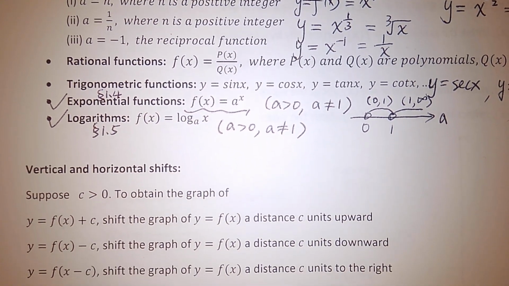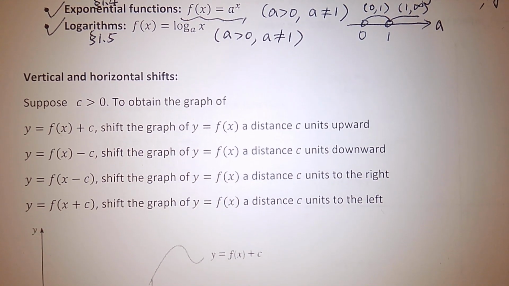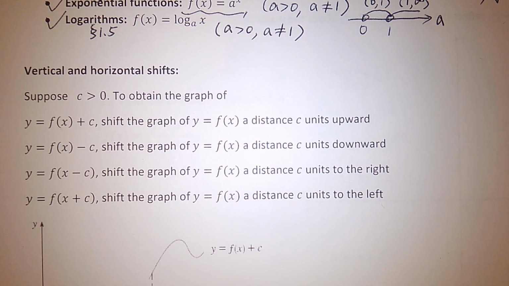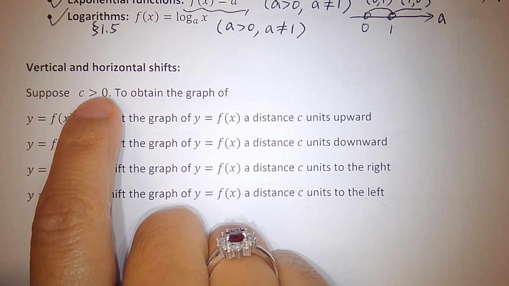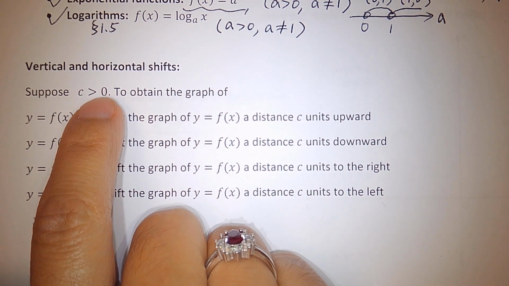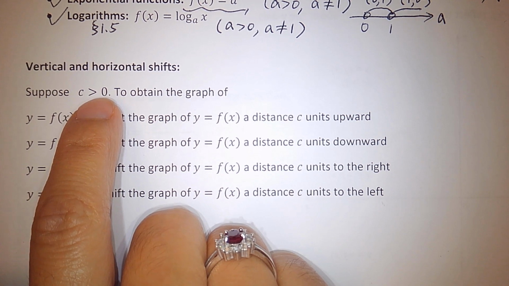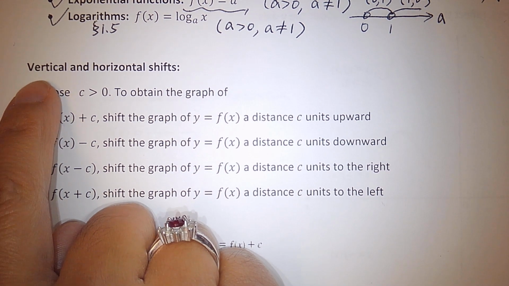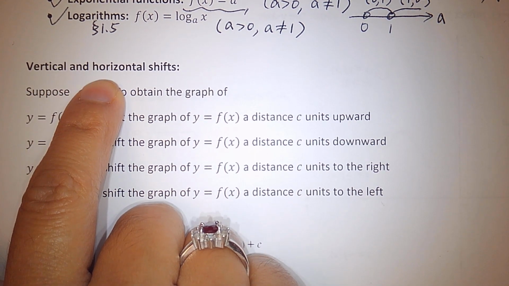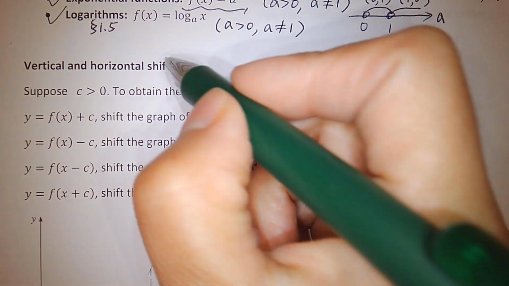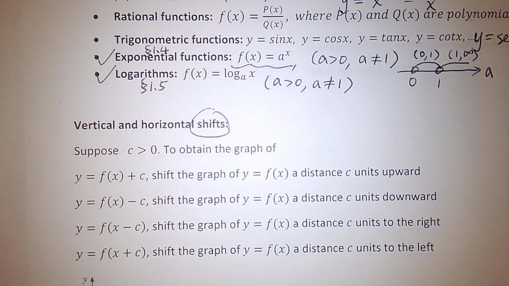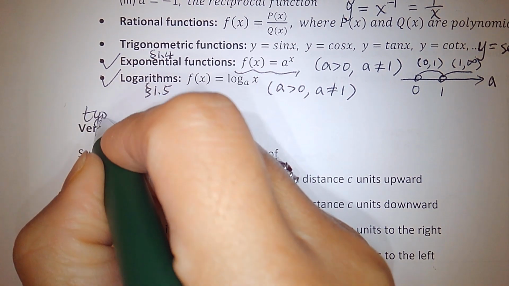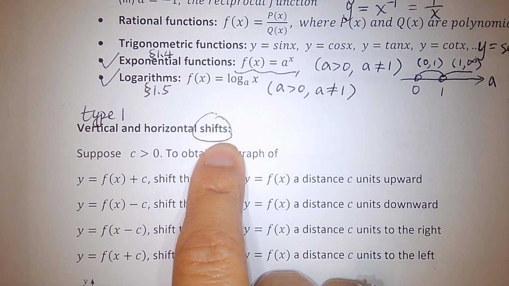Now, let's look at the transformations. For the transformations, guys, you also learned this before, I assume, in college algebra. I teach college algebra, okay? There are three types of transformations. The first type is called shift.